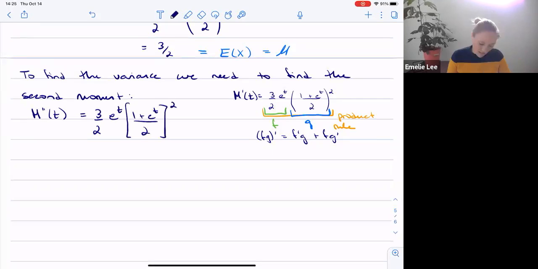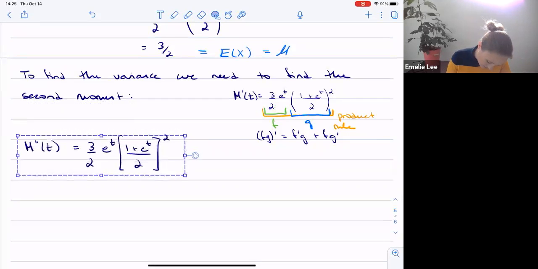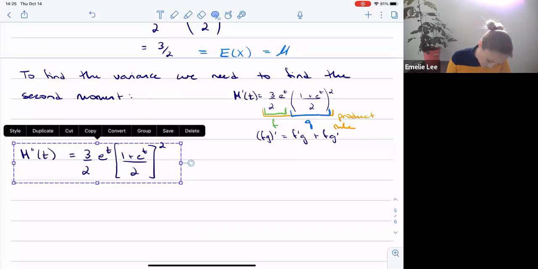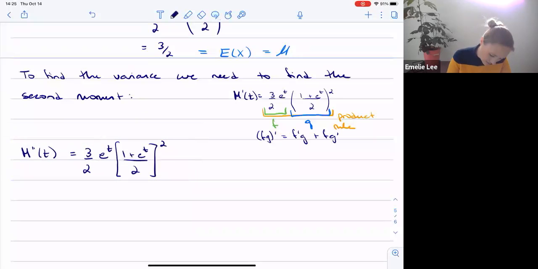Okay. And maybe I'll need to give myself more room here because I need to use the chain rule on the second one. So now, next thing I have to do is hold the first function steady. So that's going to be 3/2 e to the t.